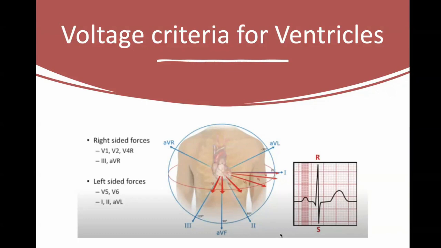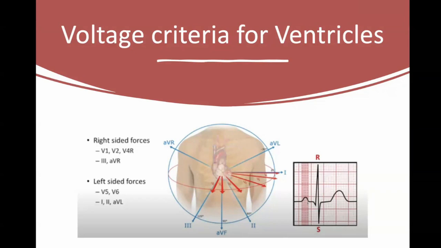This causes the following ECG changes. You could have a large QRS complex in the precordial leads. You can have an abnormal RS wave ratio in the precordial leads. And the QRS axis will deviate towards the hypertrophied ventricle. This is mainly seen in cases where there's right ventricular hypertrophy.